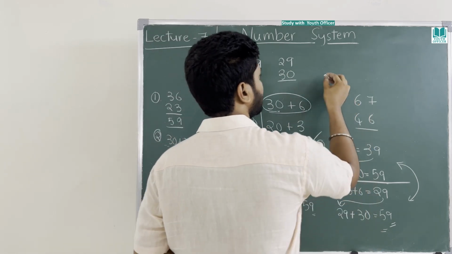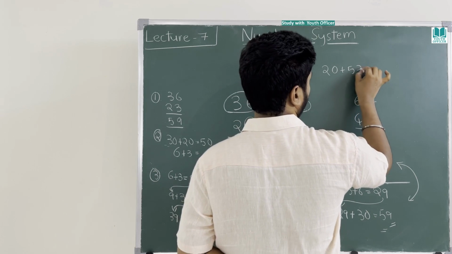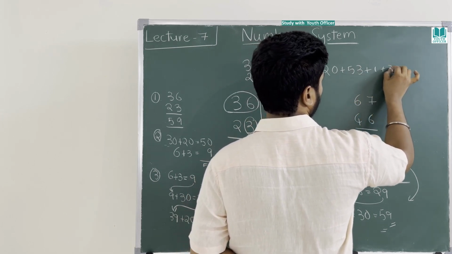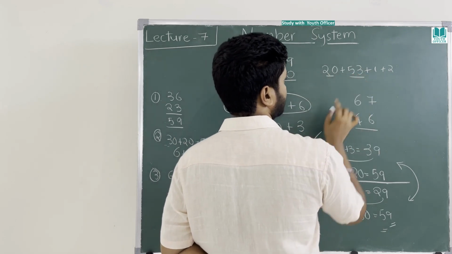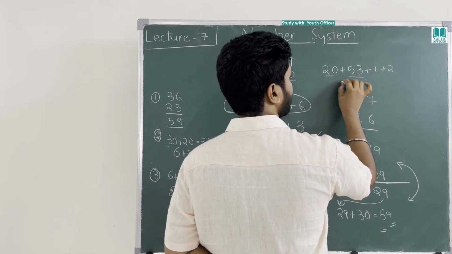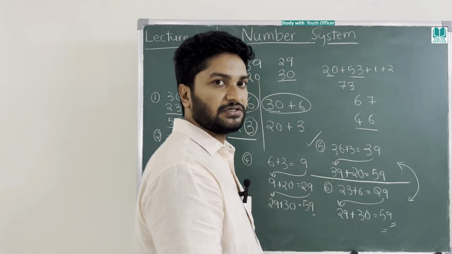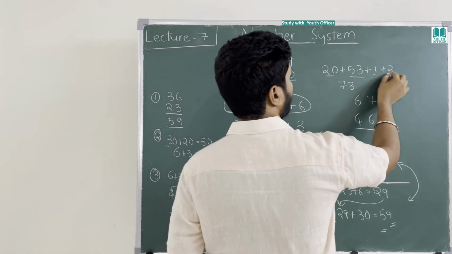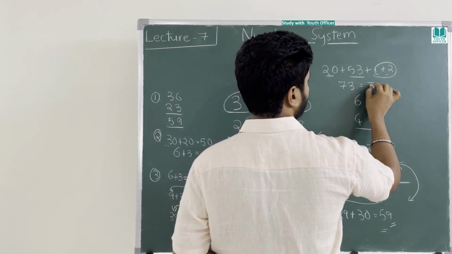Always, if the calculation is like this, 53 plus 1 plus 2 and all that, first you should always add the larger numbers. See, 20 plus 53 is 73. All the burden is reduced. Now what are you left with? 1 plus 2, both are 3. 3 if you add to 73, 76.